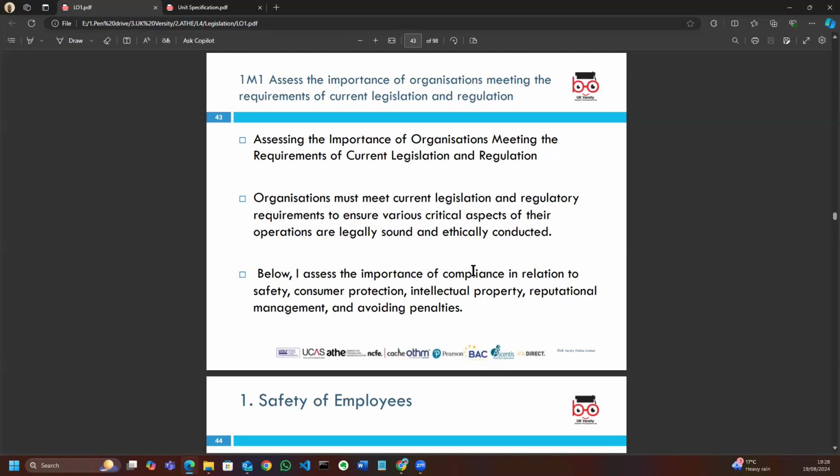It means assessing the importance of organizations meeting the requirements of current legislation and regulation. What a company has to do is that organizations must meet current legislative and regulatory requirements to ensure that various critical aspects of their operation are legally protected and ethically conducted.